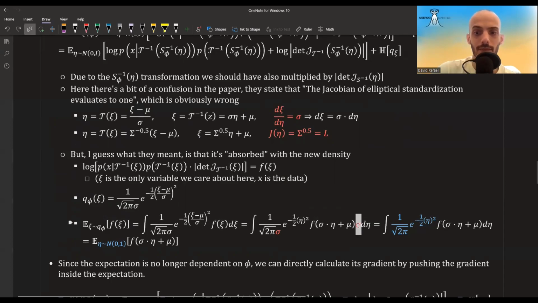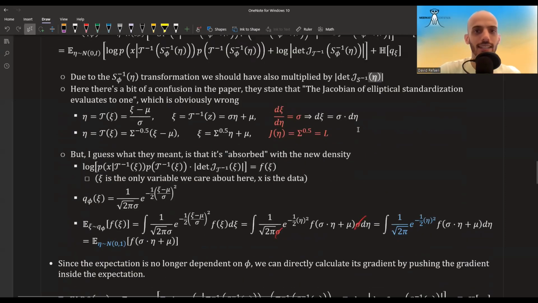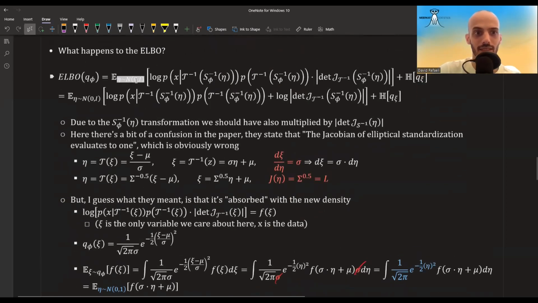We have to multiply by the determinant, but then it cancels out with what's here. And it also happens for the multivariate case. So these two cancel out. We are left with the PDF of a standard normal distribution times this function. So it becomes this. So this is why we don't have to multiply by the determinant here. You can think of it as if we multiplied and then it got canceled away, and now we are left with this thing over here.